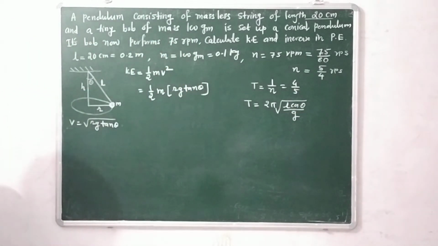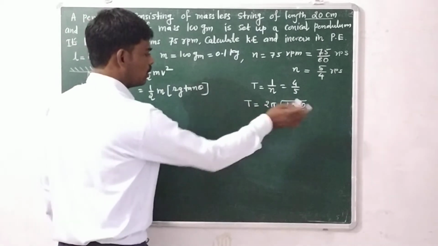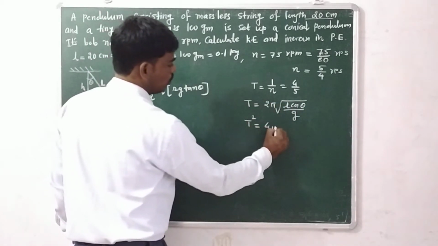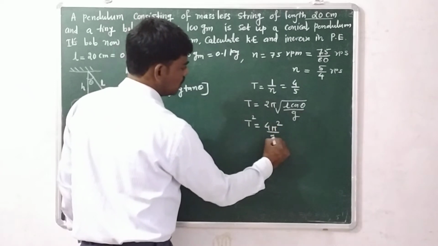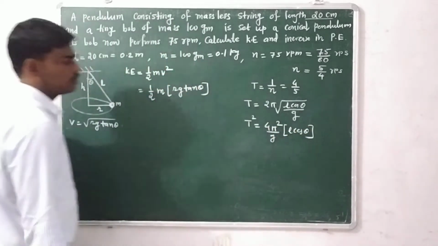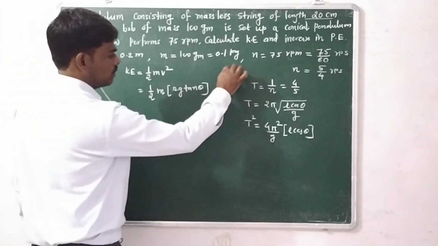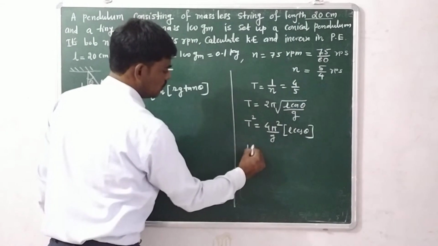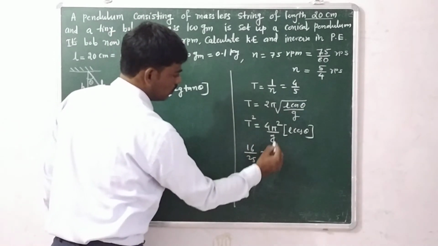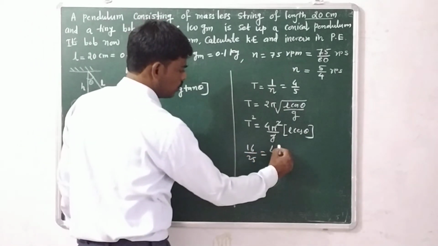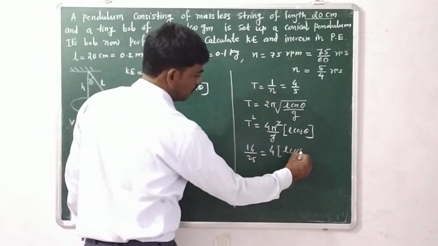Squaring on both sides, T square equals 4 pi square by g into L cos theta. T square is 16 by 25, and g cancels, and we get 4 L cos theta.